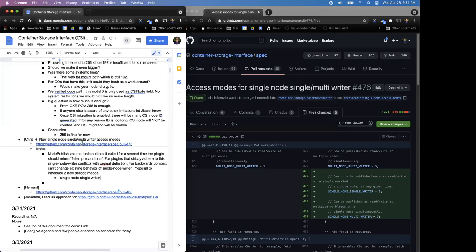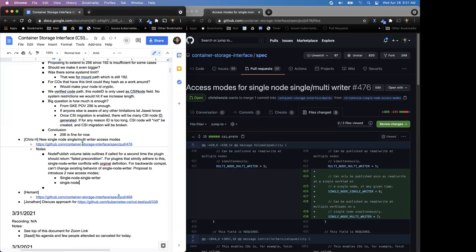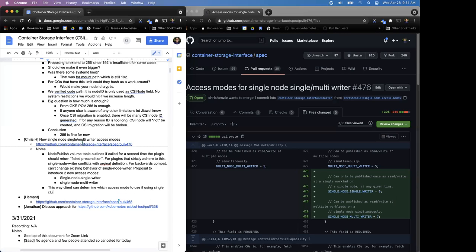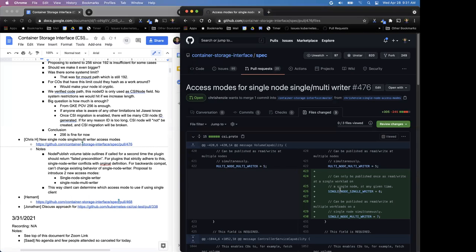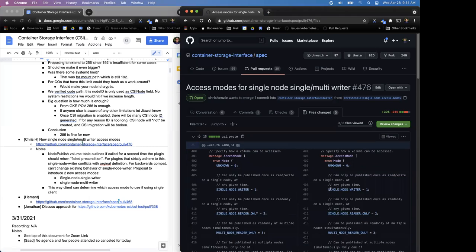Introducing these access modes requires expanding the capabilities of the CSI driver. This way, a client can determine which access mode to use if they plan on using a single node. This needs to be present in both the controller service and node service, since both have RPCs that take volume capabilities that include the access mode.